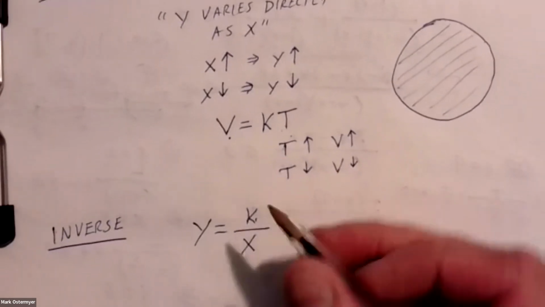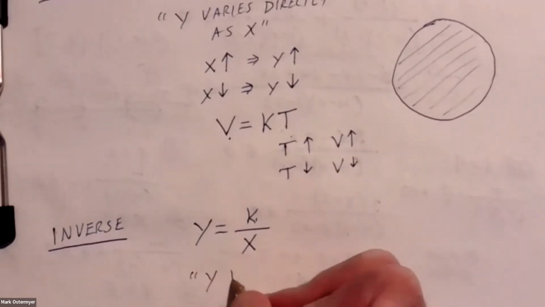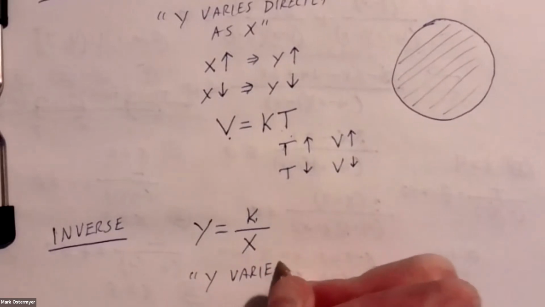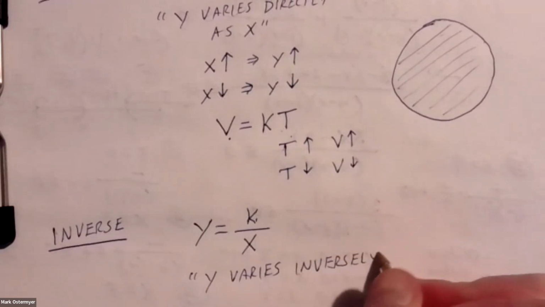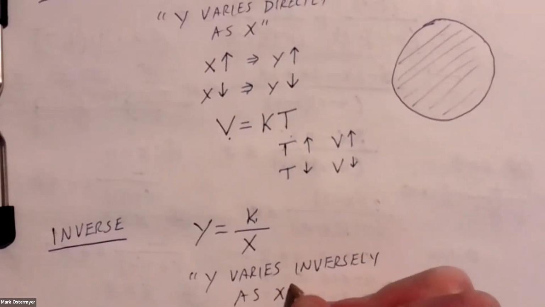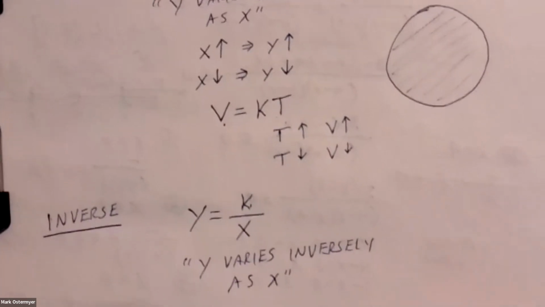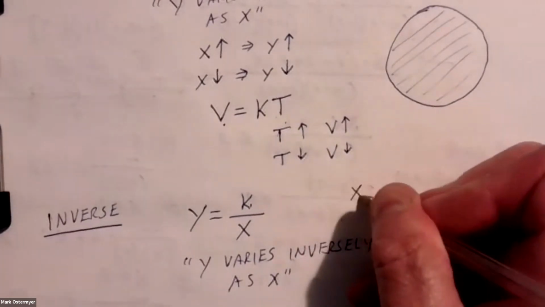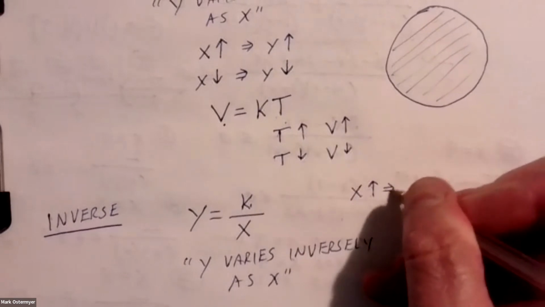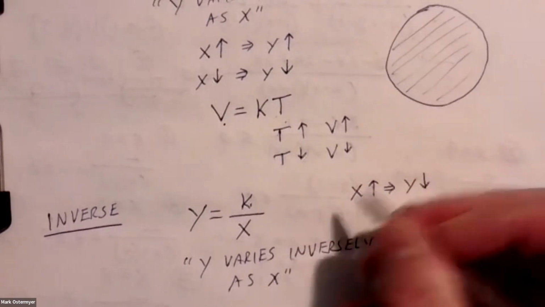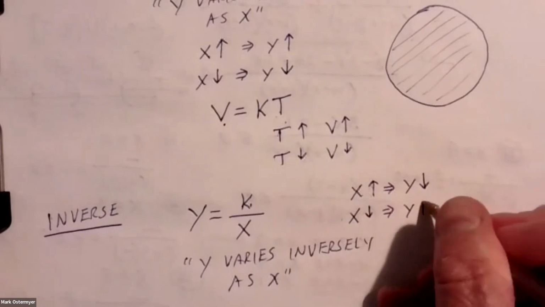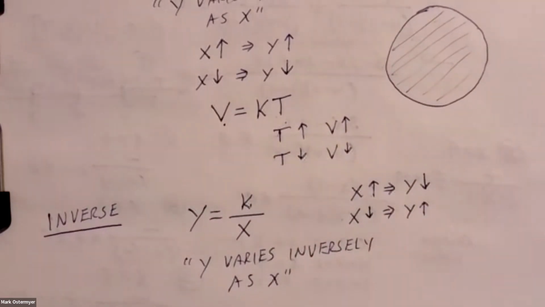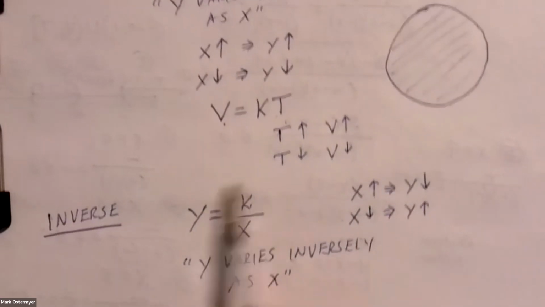We would say that y varies inversely as x. The way it works is that if x's value increases, then y's value will decrease. If x's value decreases, y's value will increase. That's an inverse variation, or relationship, that exists between x and y embodied in this equation here.